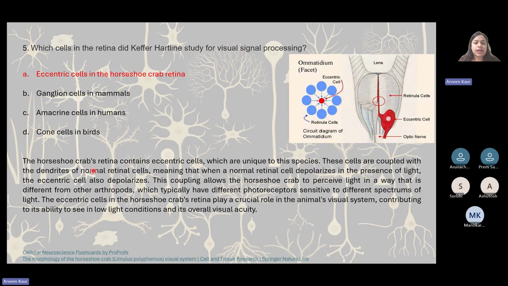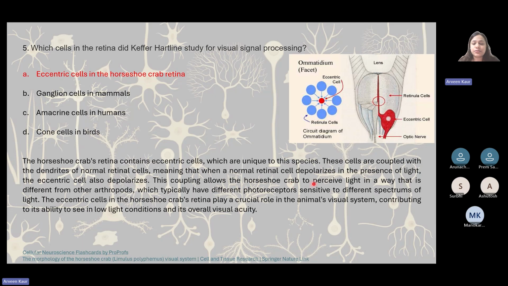The horseshoe crab's retina contains eccentric cells which are unique to this species. These cells are coupled with the dendrites of the normal retinal cells, meaning that when a normal retinal cell depolarizes in presence of light, the eccentric cell also depolarizes, because it is getting the signal from these retinal cells.